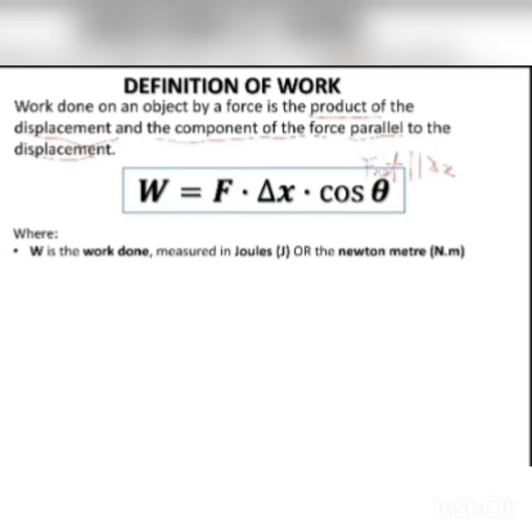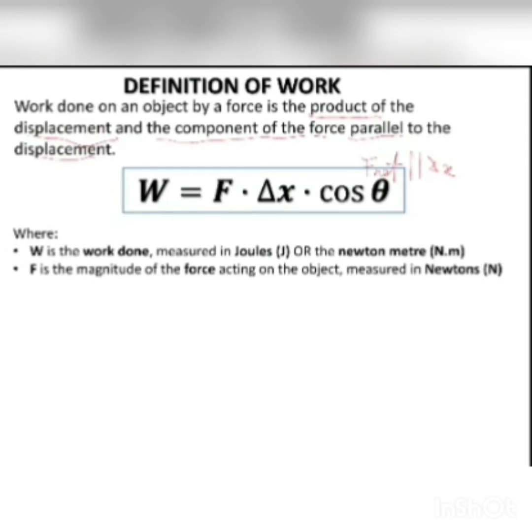Therefore, anything that is measured in joules, we know that it is energy, or it can be measured in newton meters, meaning the work that is done on an object is basically energy.